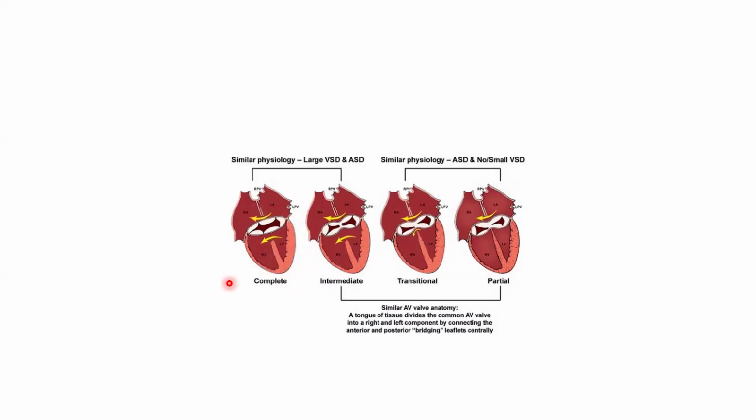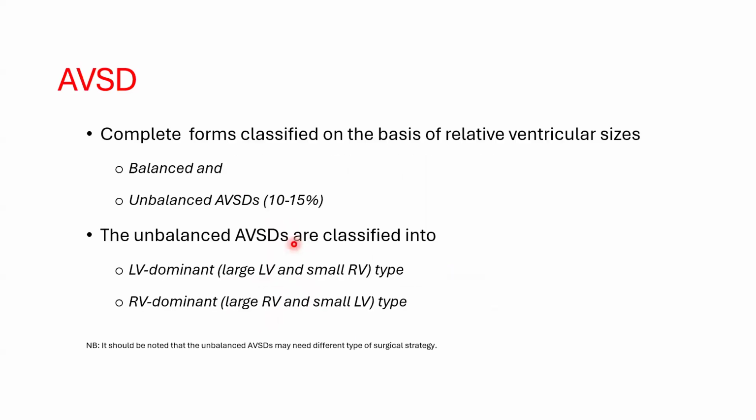And these are important in the management of patients, because if your ventricles are unbalanced, you cannot just go and close the VSD, because you'll be left with a relatively small ventricle that cannot cope with the systemic circulation, and a big right ventricle, which hasn't got the support it usually depends on from the left ventricle.